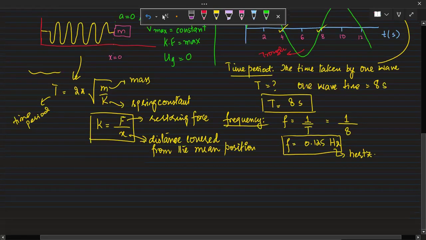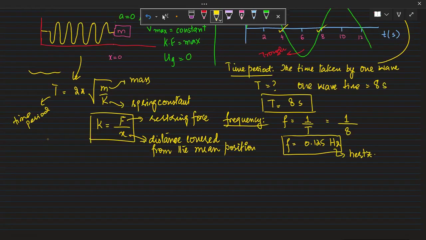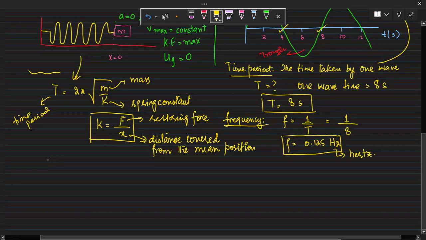So if I want to find out the potential energy in the system, the formula for potential energy is P equals mgh, right?